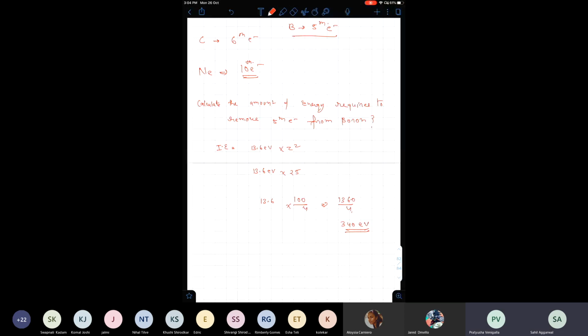But now, like boron, it's the fifth electron, so that will come in the second orbit, right? So that is also considered as ground state only. We are not talking about boron.